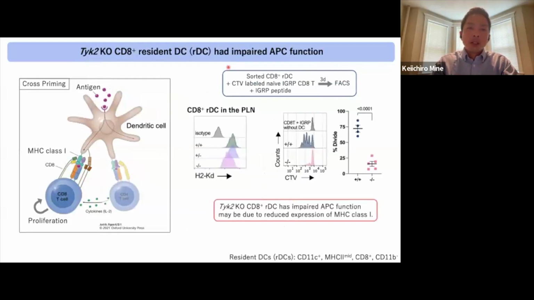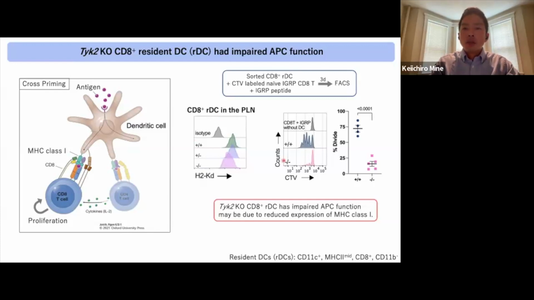So we next analyzed dendritic cells, which have a central role in the adaptive immune system and cross-priming. We found that TYK2 deficiency reduced the expression of MHC class 1, a crucial molecule for presenting antigen to CD8 T cells, in CD8 positive resident type dendritic cells, but not in other subsets of dendritic cells.